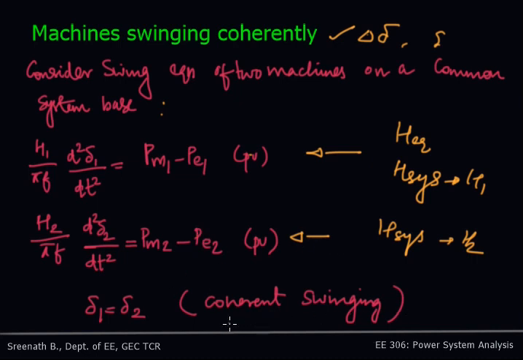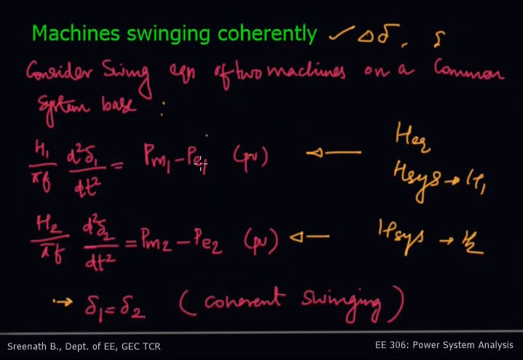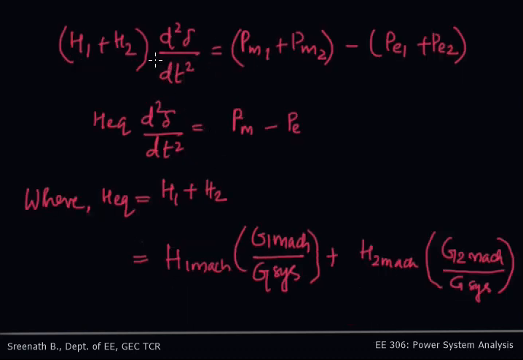Now, once the machines swing coherently, you can consider your delta 1 equal to delta 2. So adding the equations together, you are considering delta 1 equal to delta 2 equal to delta, and adding the equations, you will be getting H1 plus H2 into d square delta by dt square is equal to Pm1 plus Pm2 minus Pe1 plus Pe2.